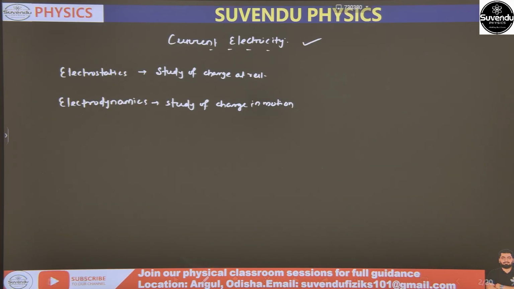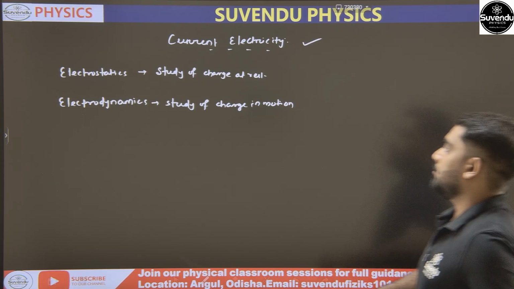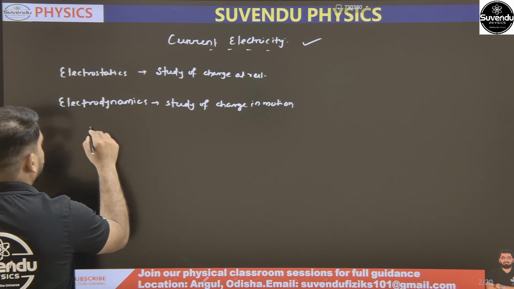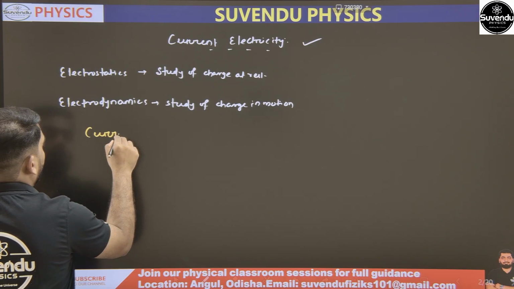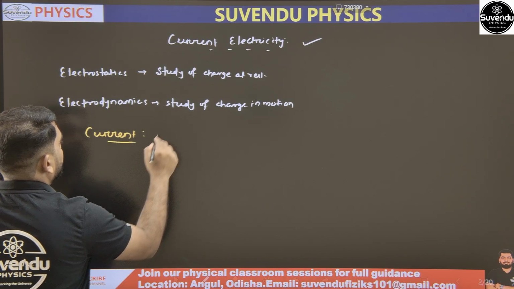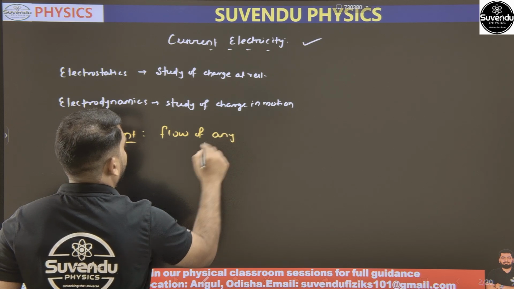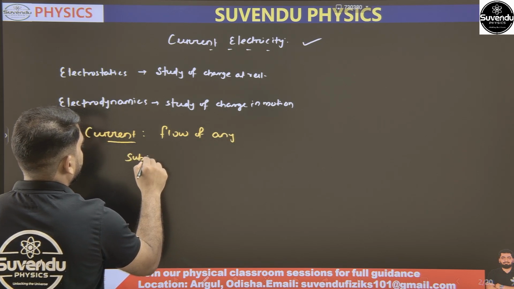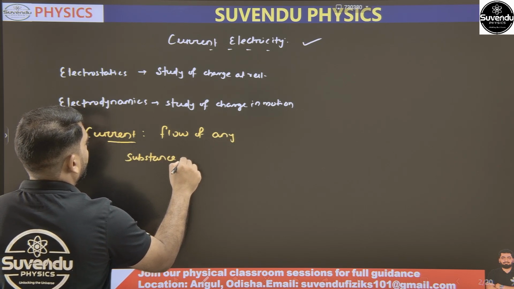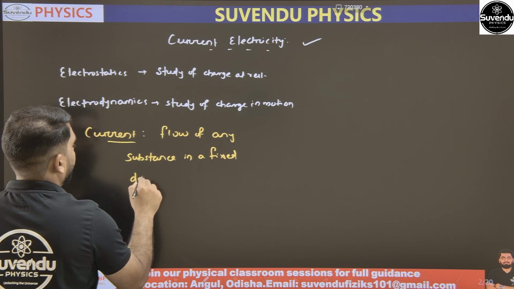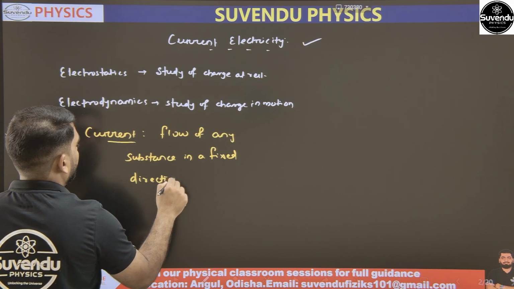Yes. So what is current? If I ask what do you mean by current, what do you have to say, what is current actually? It means flow of any substance in a fixed direction. This is the meaning of current.